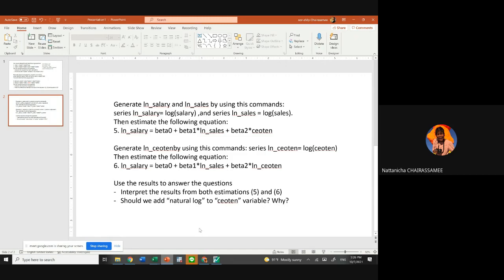And CEO tenure is equal to 0 because they started working in this position less than a year ago. So they are working as CEO, but the working experience is less than a year.